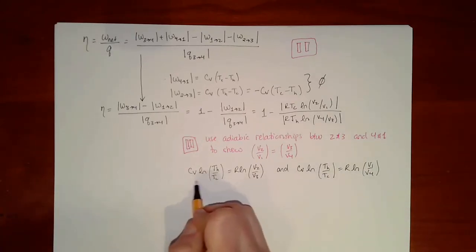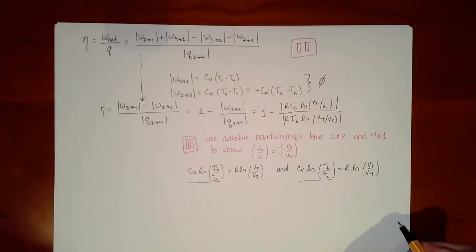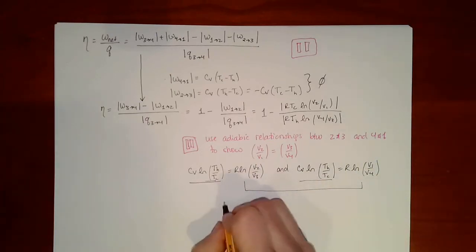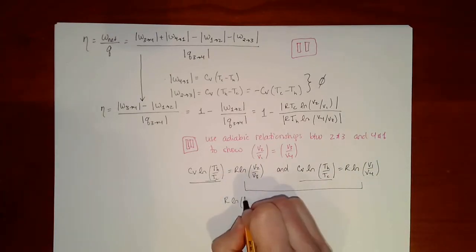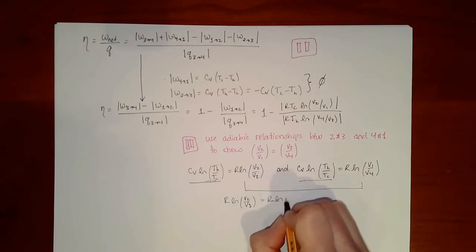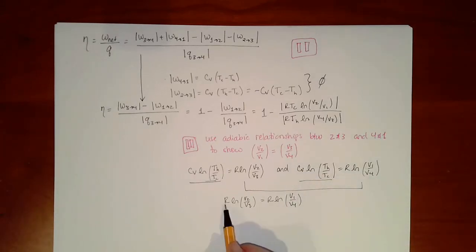So if you notice, I have the same term on the left side of these two adiabatic relationships, so I can equate these two terms. So I get R ln V2 over V3 equals R ln V1 over V4, and because the prefactor is the same and it's the same natural log, then what's inside these parentheses are equivalent.